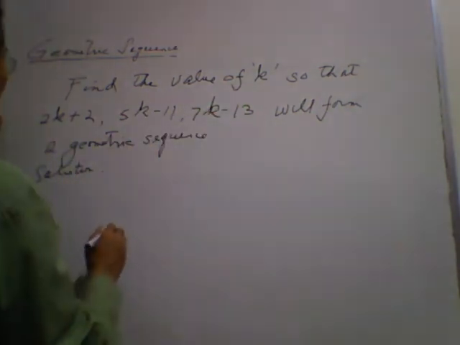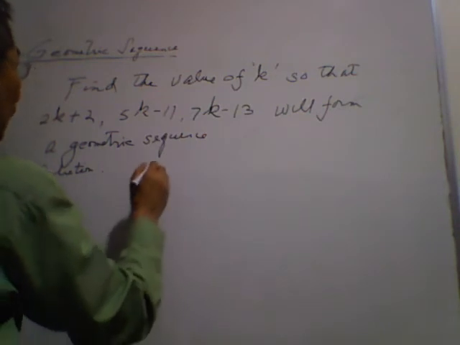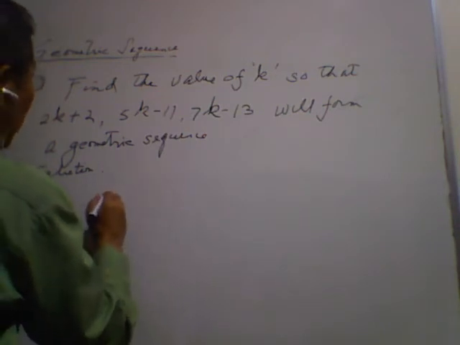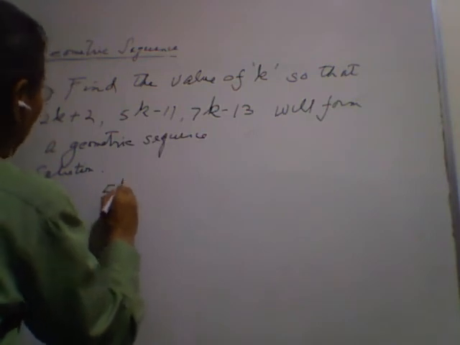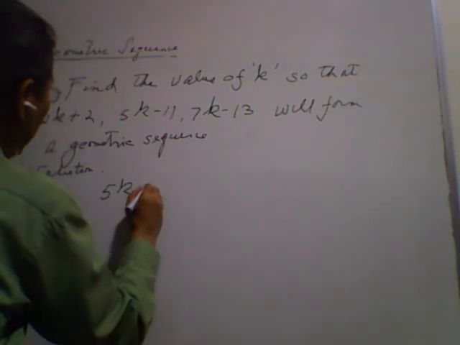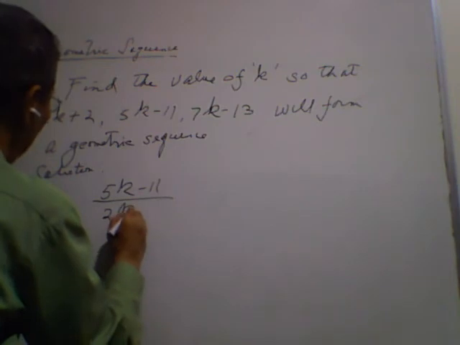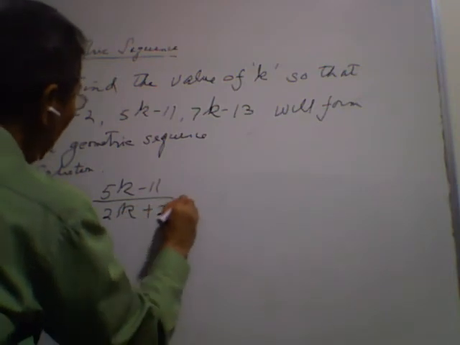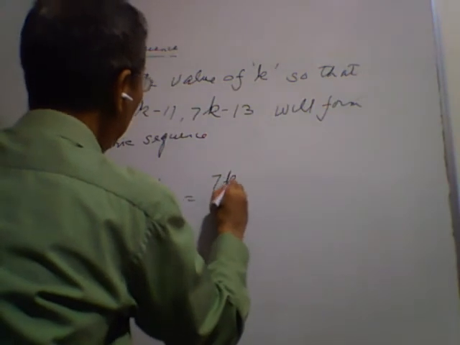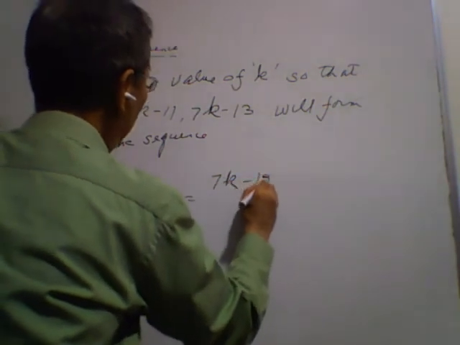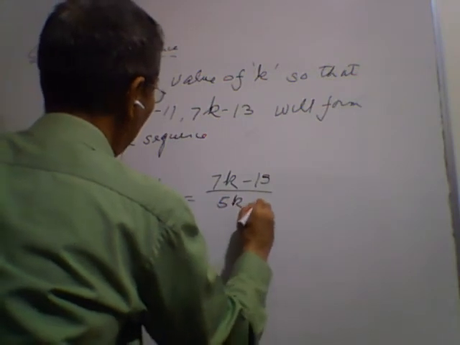That is, 5k minus 11 over 2k plus 2 should be equal to 7k minus 13 over 5k minus 11.